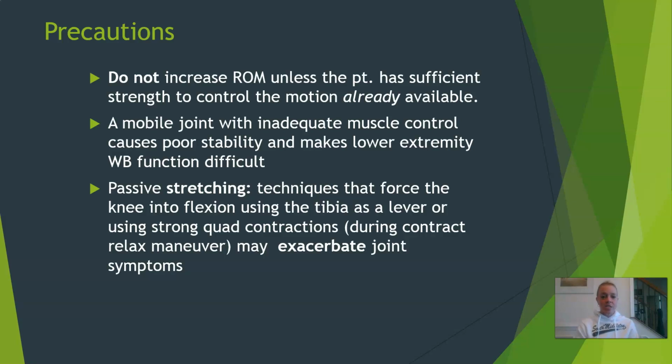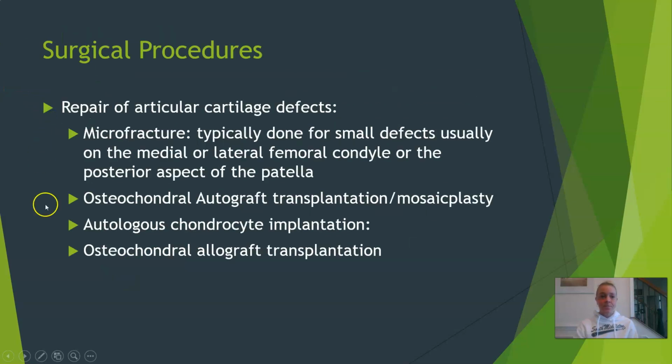Again, as far as stretching goes, we may exacerbate their joint symptoms. So again, we want to sort of take that slowly. Do some range of motion, some active range of motion, maintain what they have, but just be careful with really, really stretching when we're in this phase.